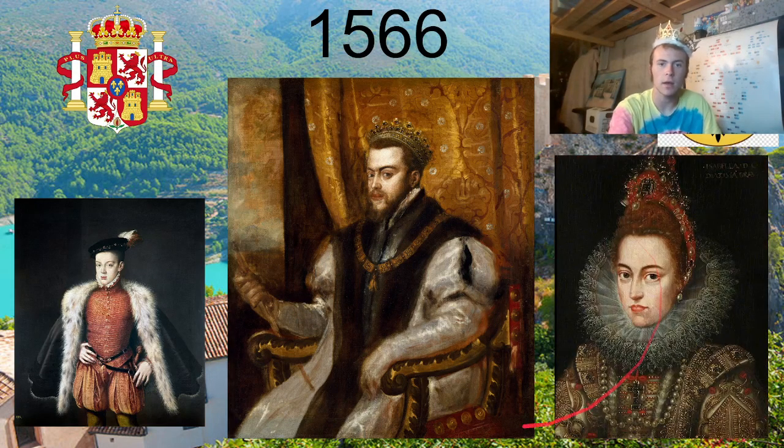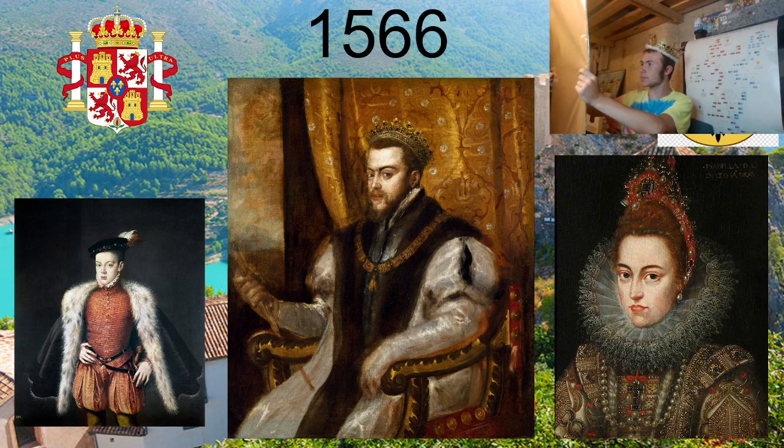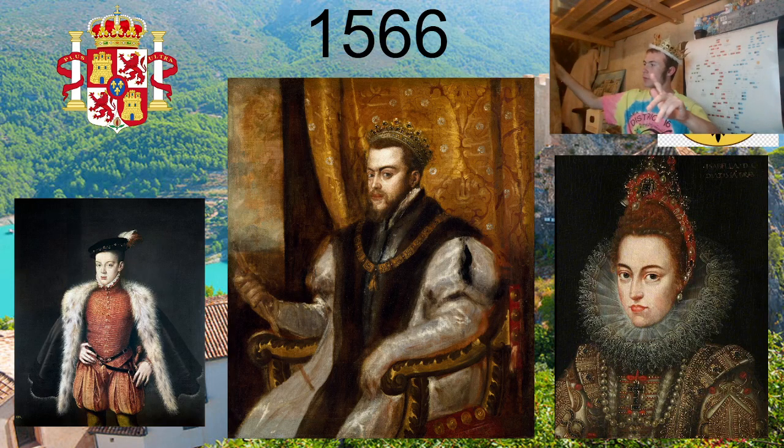1566, Felipe II, King of Spain, has a daughter named Isabella. Now, Felipe II ends up marrying 4 times, okay? And it's kind of complicated because his first wife was Maria Manuela, who was a Portuguese princess, the first cousin once removed of King Sebastian of Portugal.